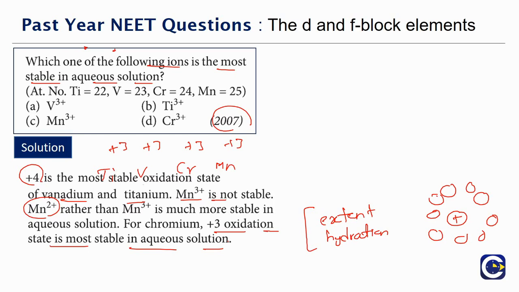Even manganese can show +1, but manganese +1 is not identified to be a very stable state for its compounds in air. But the stable state for manganese in aqueous solution will be Mn +2. For chromium, the +3 will be more stable in the aqueous solution. So the correct answer for this is option D, which is chromium 3+.